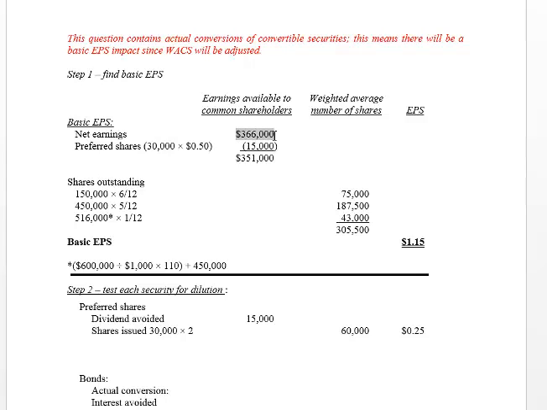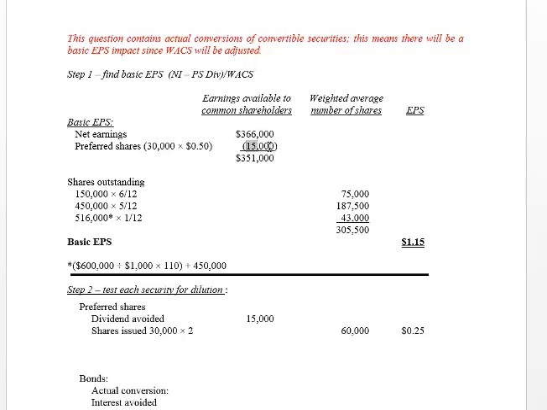The question told you that to calculate your basic earnings per share, you're starting with net income or net earnings of $366,000. We know that basic EPS is what? Net income less preferred share dividends, and we would divide that by our WACS, right? So we've got our income.